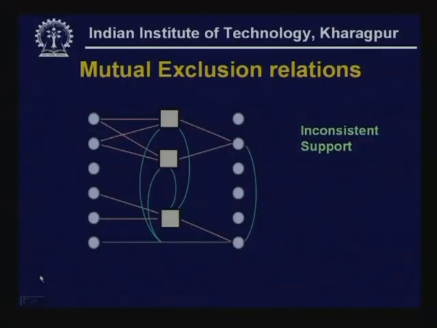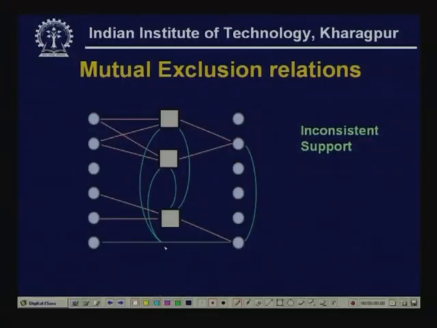This is illustrated by the following diagram. We have these two propositions that we are considering. We say that they are mutex if, you see, this proposition can be achieved by action A1 or action A2, and this proposition can be achieved by action A3 or by this maintenance action. Now, A1 is mutex with A3, A2 is mutex with A3, A1 is mutex with this maintenance action, and A2 is also mutex with this maintenance action.